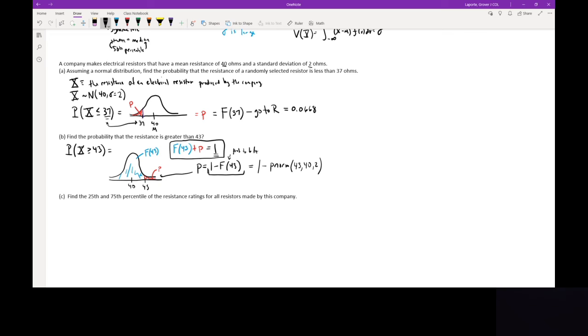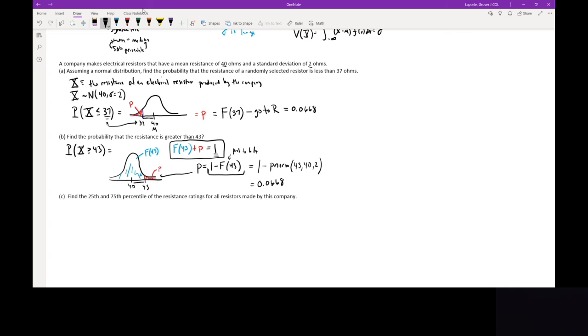Not that calculating these things is very difficult, but I just wanted to show you that the symmetry part is a thing. And why is it symmetric? Because the distance here is 3, and the distance here was 3, and that's how I knew that those probabilities were going to be the same.